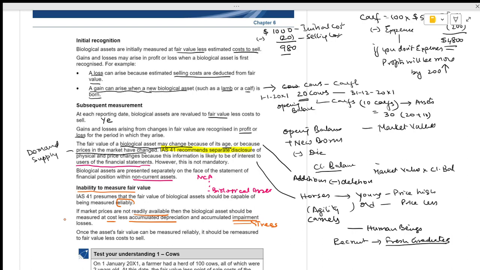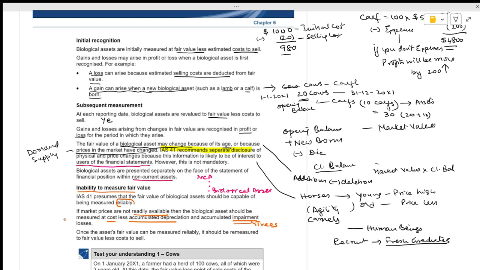You have date trees, palm date trees will be there. You have coconut trees, you have grapevines. Now you cannot determine that these will have a finite life. Most of the trees will have an infinite life.